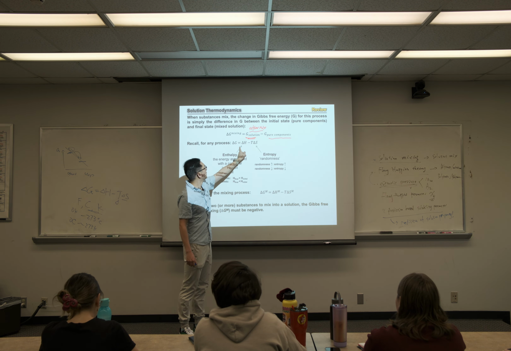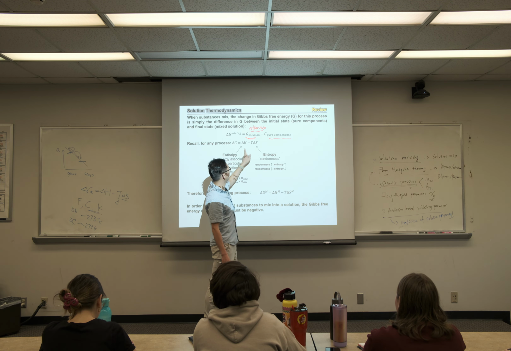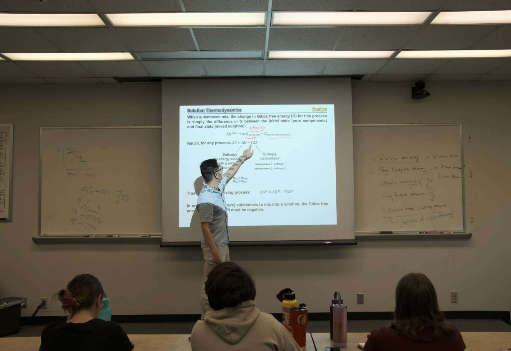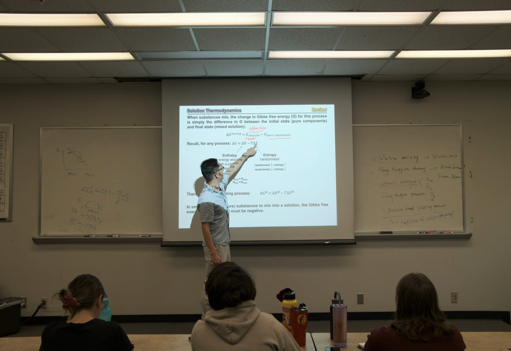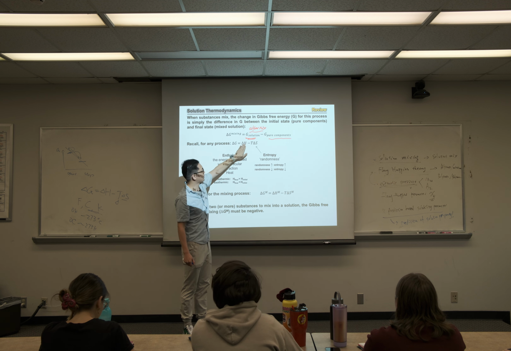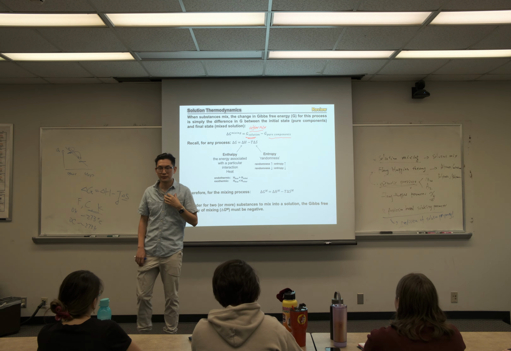When delta S, randomness, increases throughout the process, T times a positive value gives a negative value. So assuming you don't have any exchange of delta H, your delta G will become a negative value.